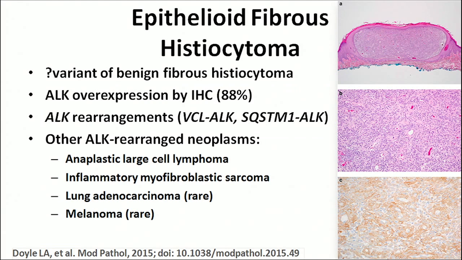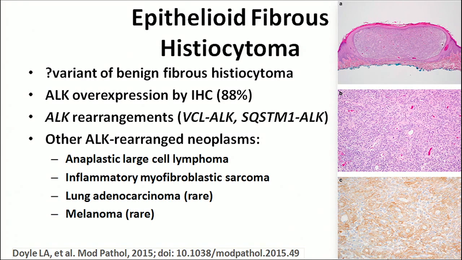So then some super recent stuff: epithelioid fibrous histiocytoma. Who would have thought, these actually have ALK overexpression, and this is associated with an ALK rearrangement. So these are actually ALK rearranged. This could create a differential diagnosis, maybe with anaplastic large cell lymphoma, but probably not.